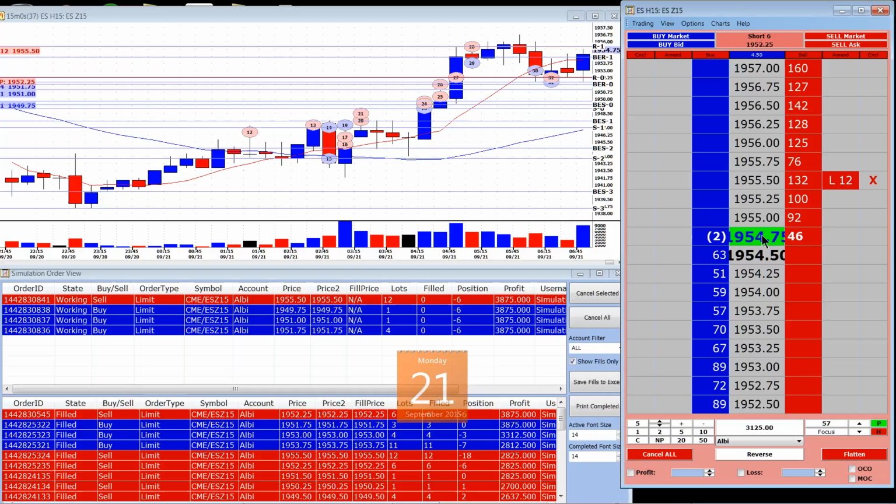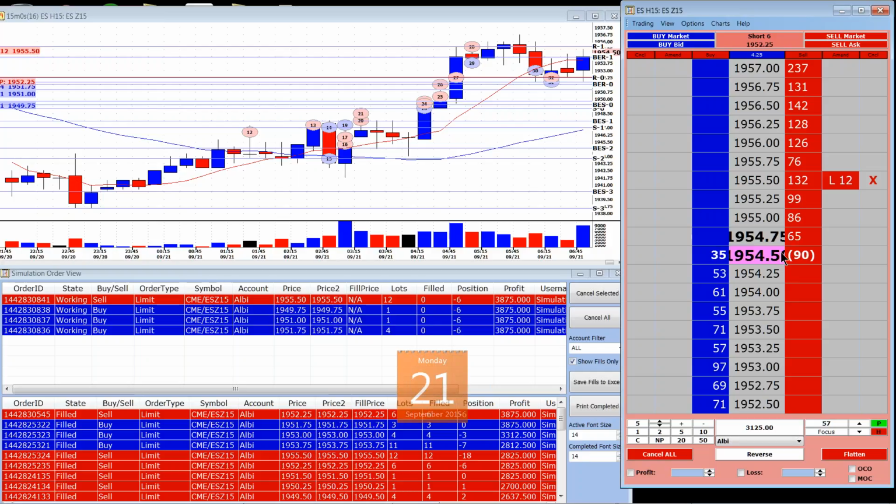If somebody wants to buy 1, 2, 40, well, that many contracts are for sale right here. And this number in parentheses tells you how many contracts are actually being bought at this level.